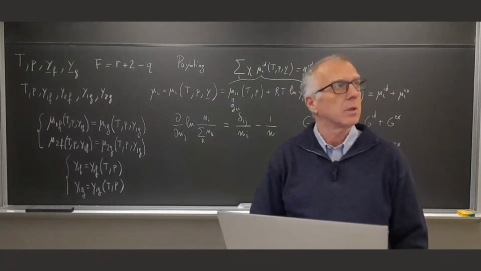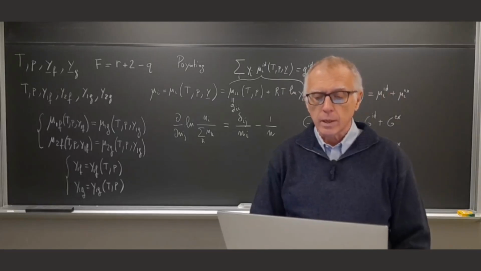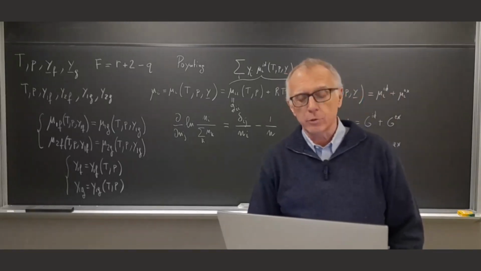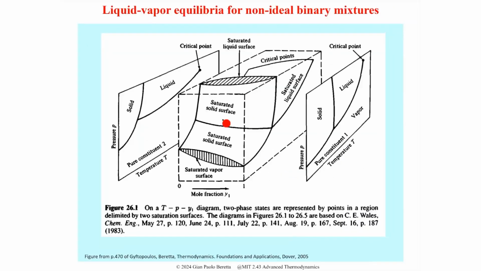So that's the idea. And yeah, I think we stop here because there is not enough time to do Henry's law. Next time we will finish up this part and we start the systems with chemical reactions.